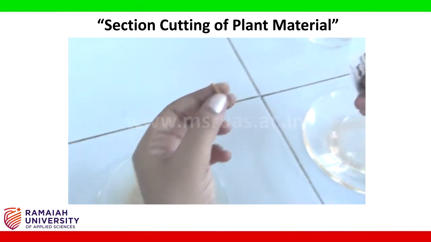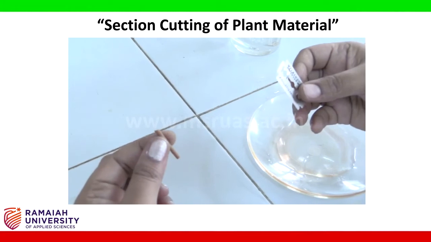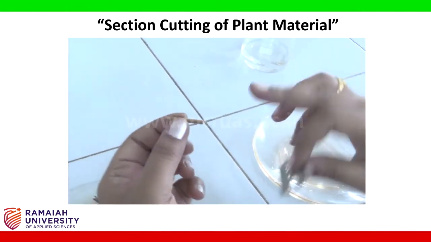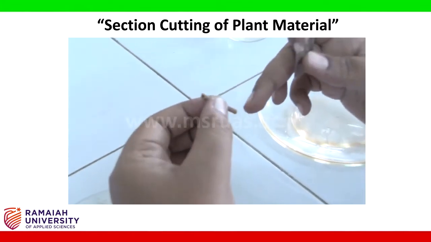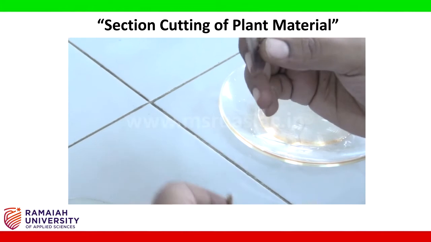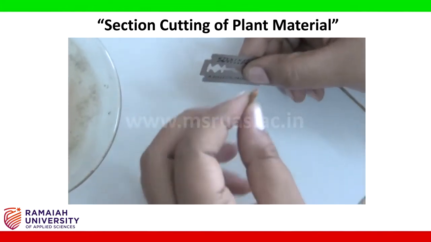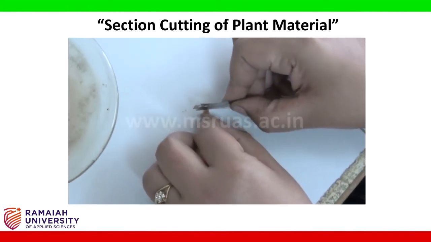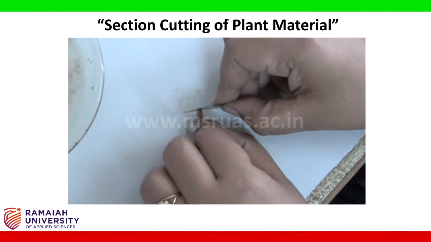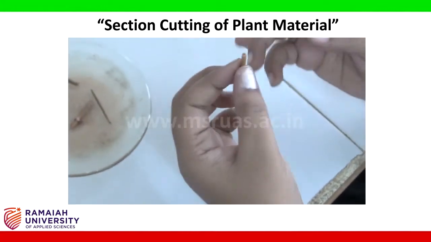A considerable piece of the material is chosen and both the upper and lower surface of the material should be leveled so that uniform sections are obtained. Now I am leveling the upper surface and the lower surface. Now both the surfaces are leveled.